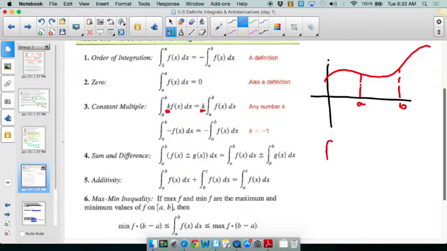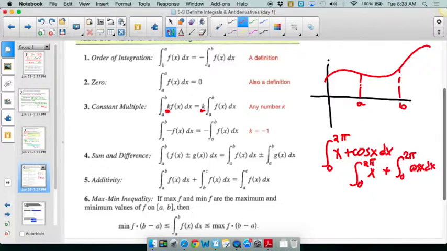So if I have an integral of x plus cosine x from 0 to 2 pi, I can treat that as x plus cosine x. I can split it apart like that. And I can draw those two areas out then.